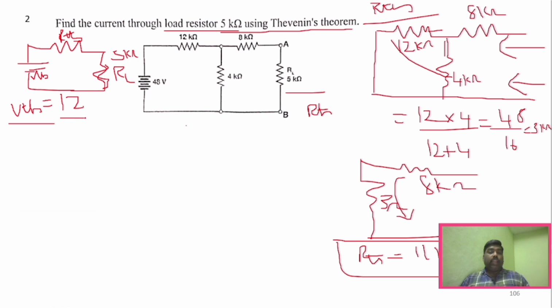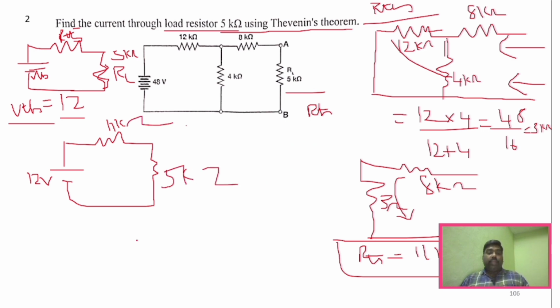So VTH is 12 volt. Now you substitute this here, in this equivalent circuit, right? This will become 12 volt, that is VTH, and for RTH you substitute 11 kilo ohm, and then RL is 5 kilo ohm. We need to find out IL for this particular circuit, correct?